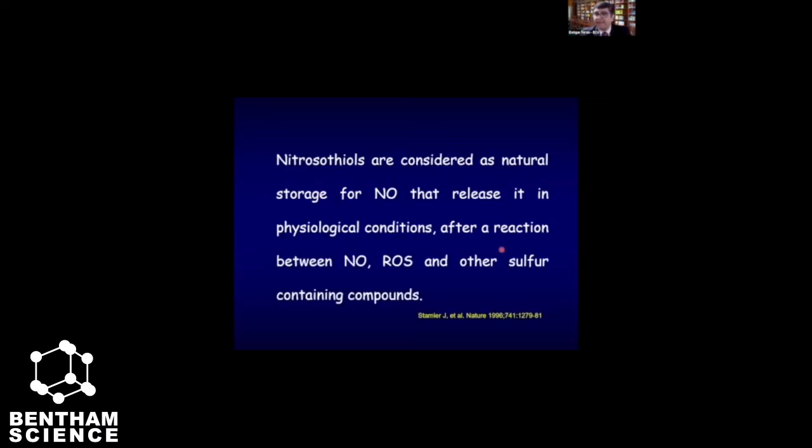Having known that, we then tried to understand what is capturing nitric oxide. What is the reason why that nitric oxide is not working in women who develop preeclampsia? And we entered the field of nitrosophiles.